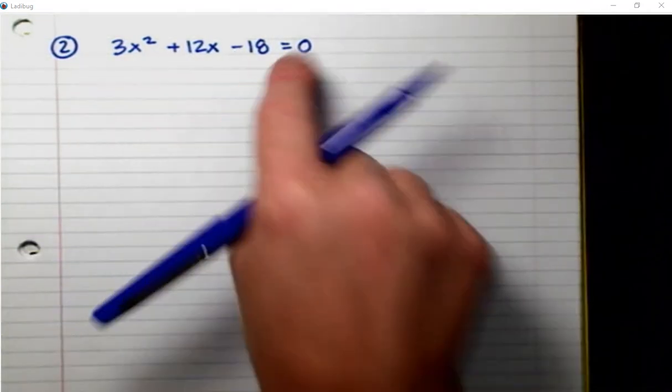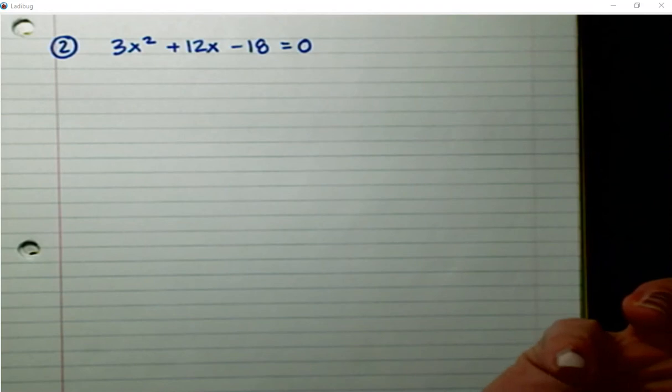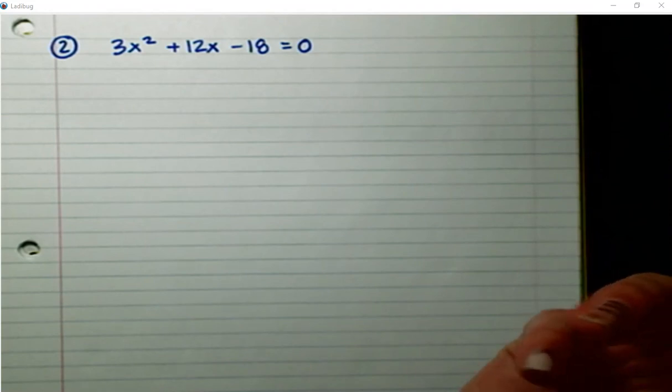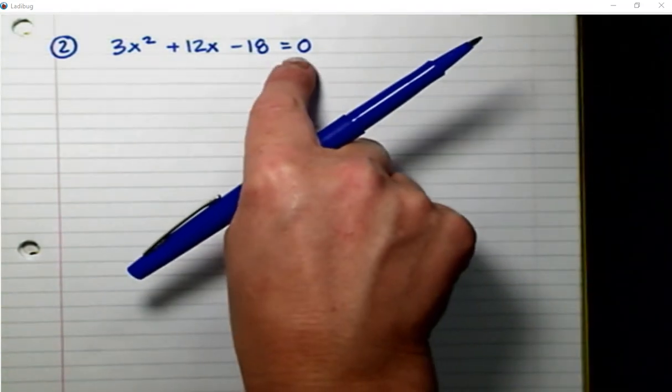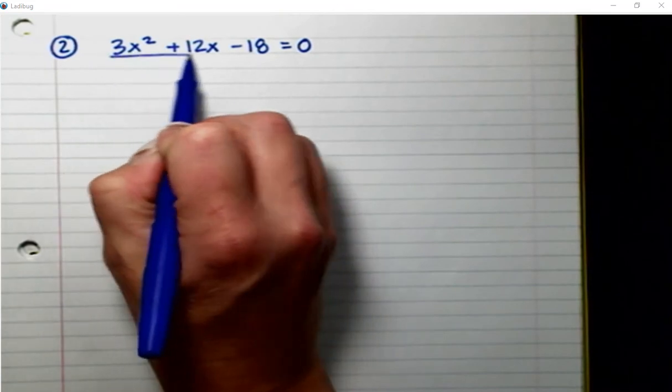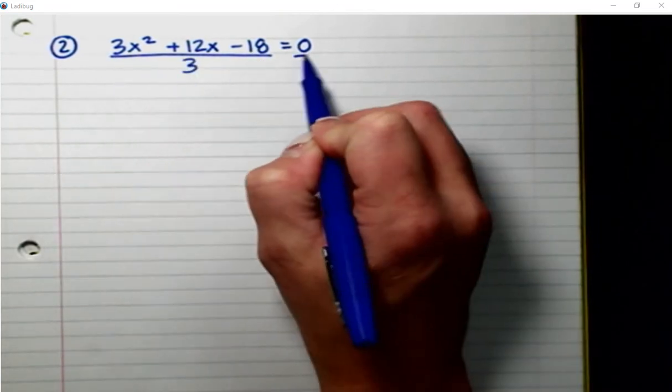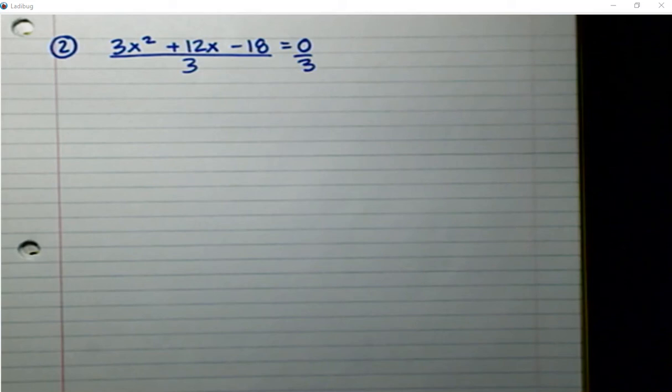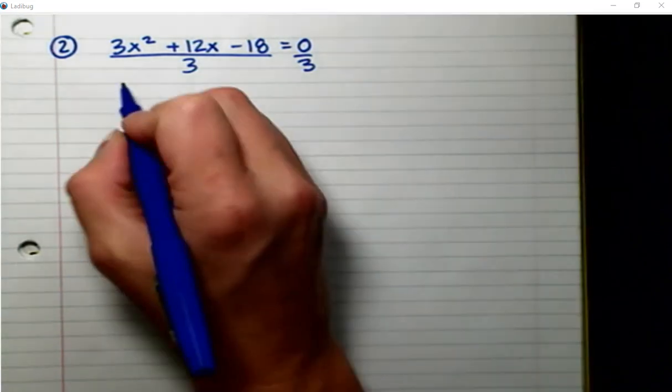Well, I kind of see that everything divides by 3, so I am going to do that first. This is an equal, so I'm going to just divide everything by 3 because that works nicely.